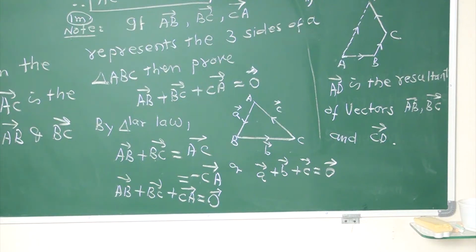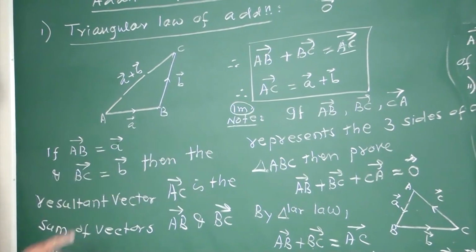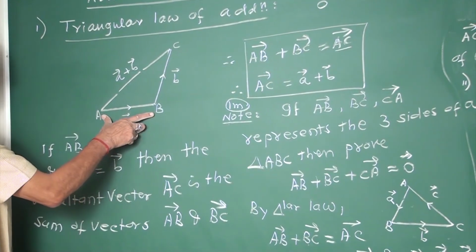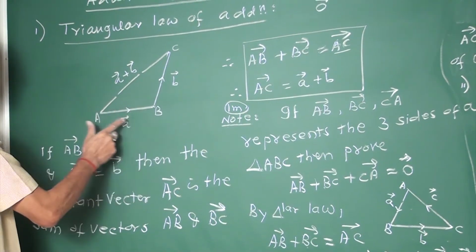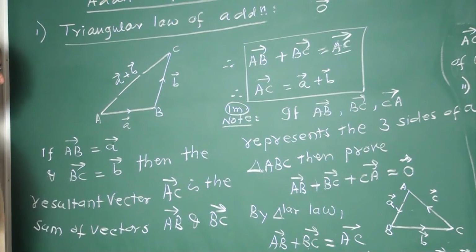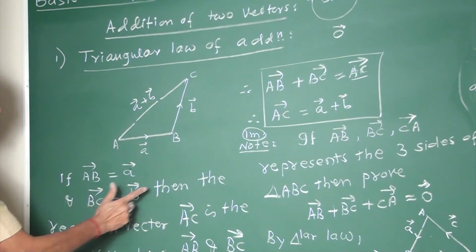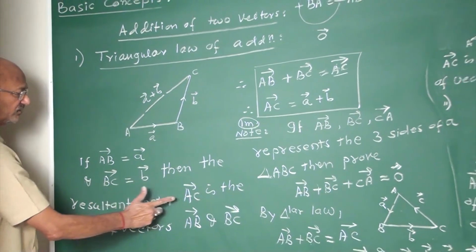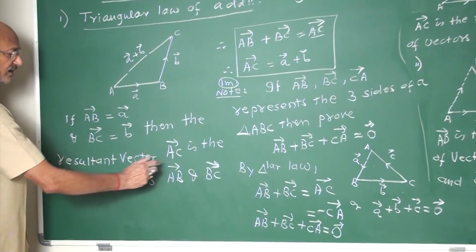Yes, my friends. Next comes the parallelogram law of addition. This is the triangular law of addition. Second is the parallelogram law of addition. I hope it is clear, my friends. AB, BC are the two vectors. Then the sum of these two is the resultant AC. If this is equal to A, this is equal to B, then the resultant vector AC is the sum of these two vectors AB and BC.